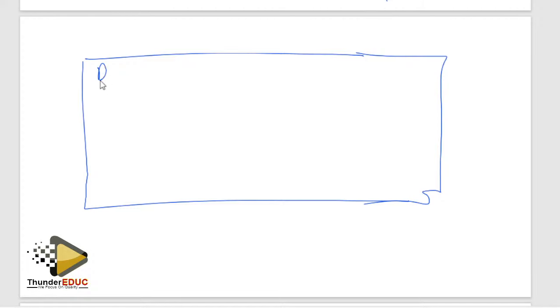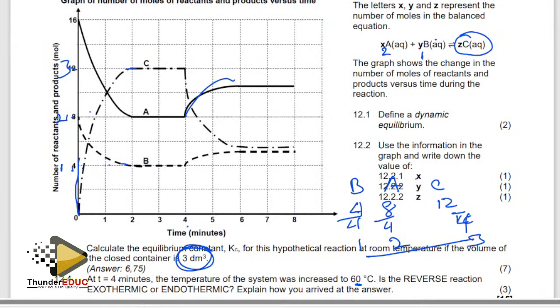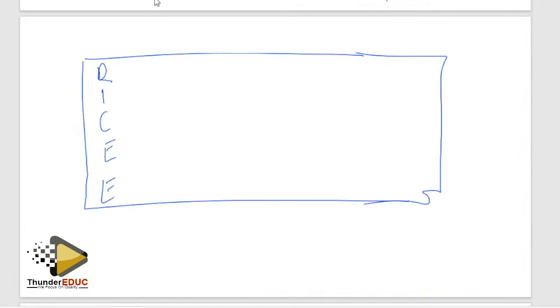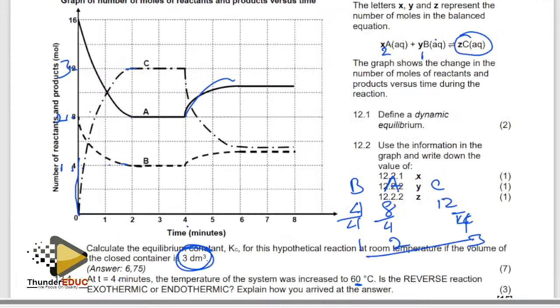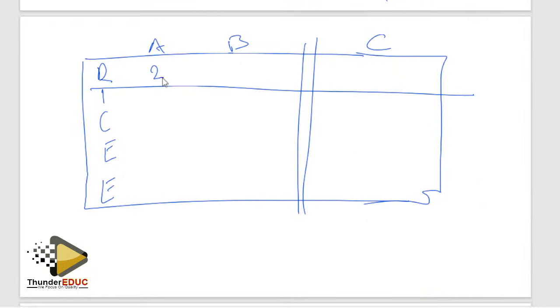Whereby elements here, you look at A, B, and C. So this is basically the product. In the mole ratio, we say that A is 2, B is 1, and then C is 3.